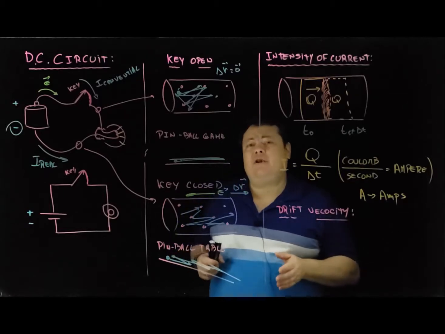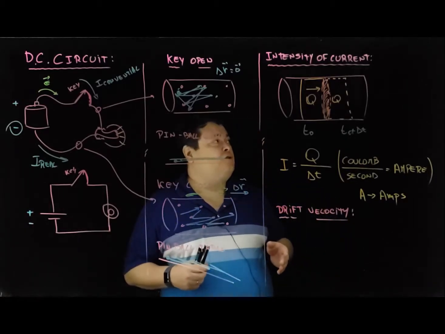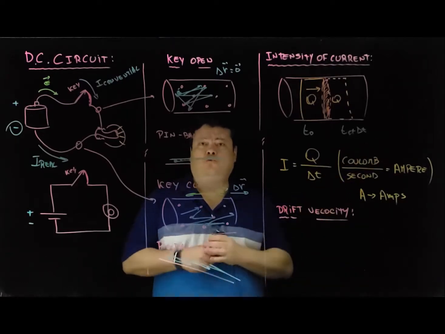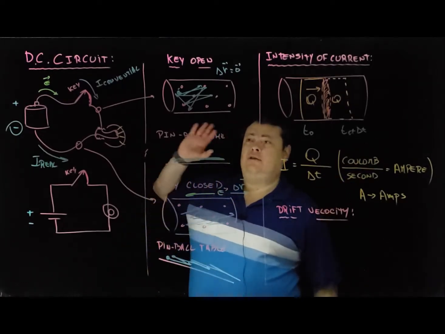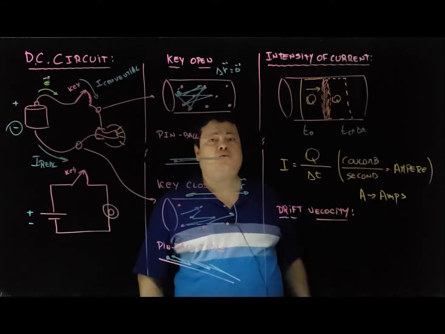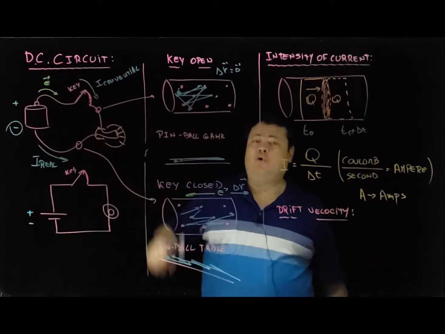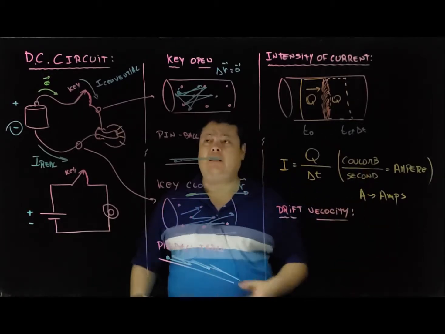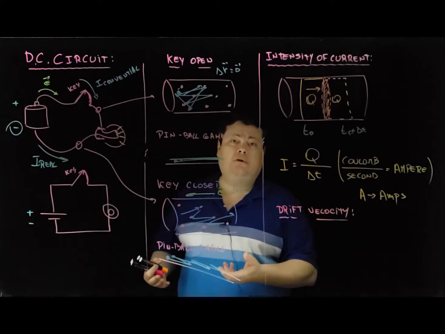If I have an electric circuit, an electric switch on my wall over here, and I'm using this to control a light bulb that is a couple hundred meters away from me, when I turn the switch on, that light bulb will light almost immediately. When I turn it off, the light bulb goes off almost immediately.